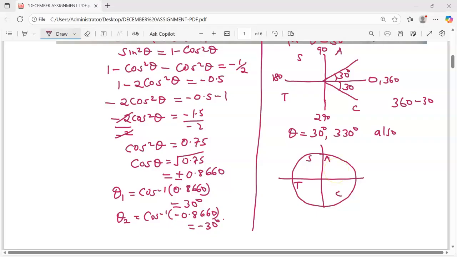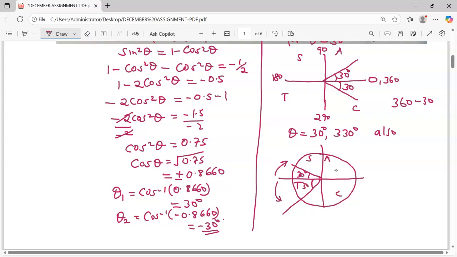So remember, this is cos theta, which is negative 30, and the cos is negative in the second quadrant. So we are going to measure 30 degrees from the horizontal in the clockwise direction, and again it is going to be negative in this quadrant, which is the third quadrant. So we are going again to measure 30 degrees in the anti-clockwise direction.